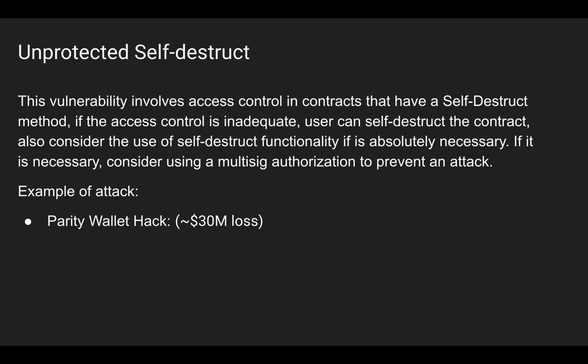So now the next on the list is the unprotected self-destruct. This vulnerability involves access control in a contract that has a self-destruct method. If the access control is inadequate, a user can self-destruct the contract.